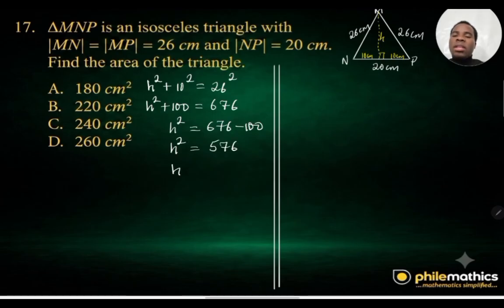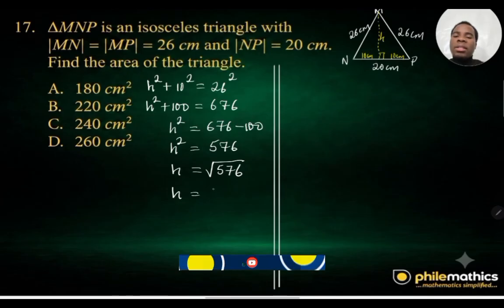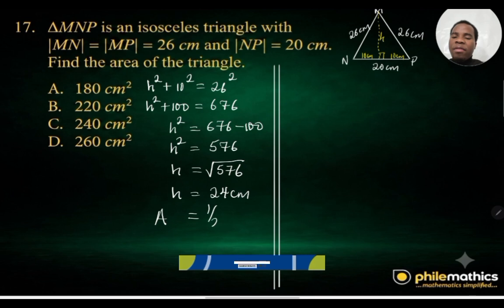And so taking square root of both sides, I'll have h to be square root of 576. And I'll get my height as 24 cm. So that the area of the triangle, we know that area is half base times height.